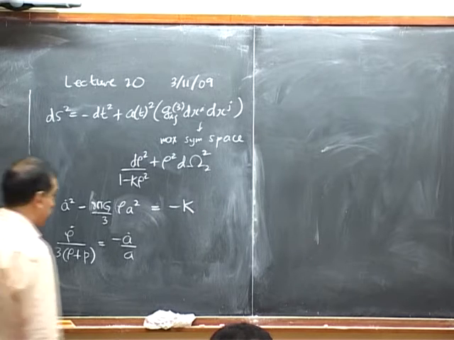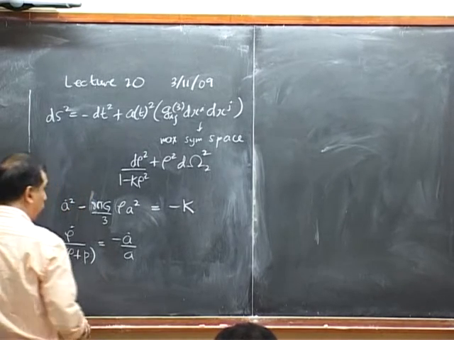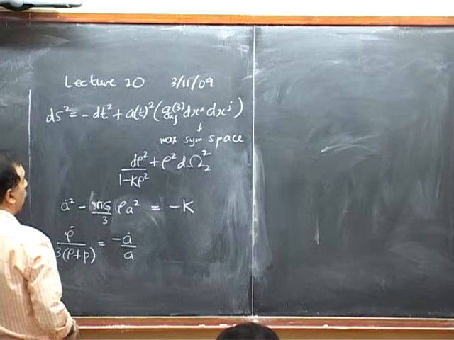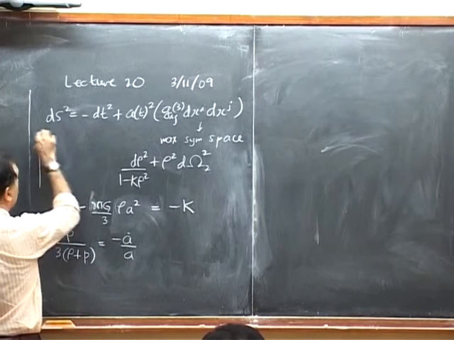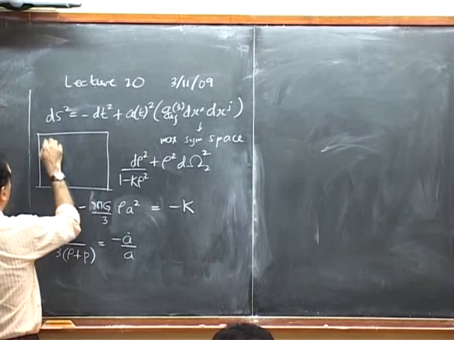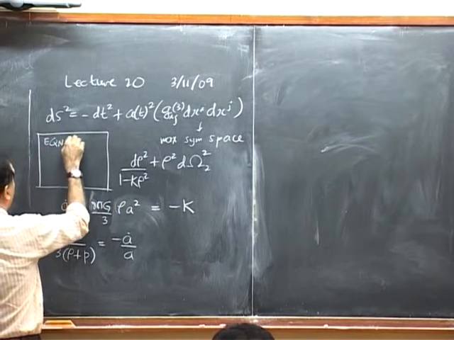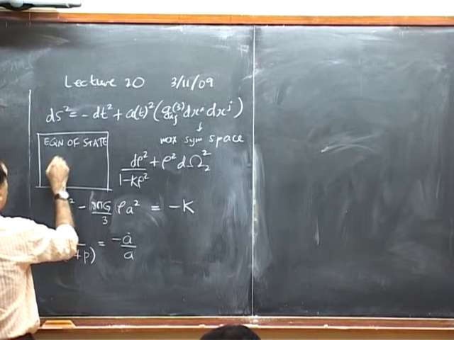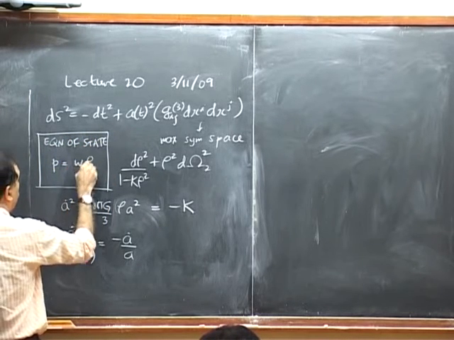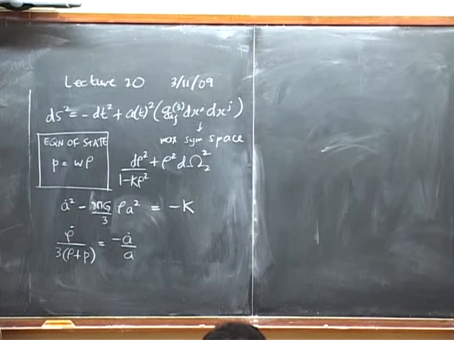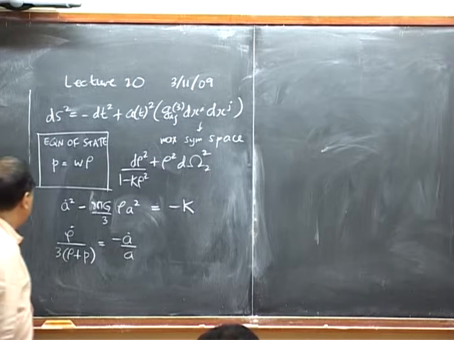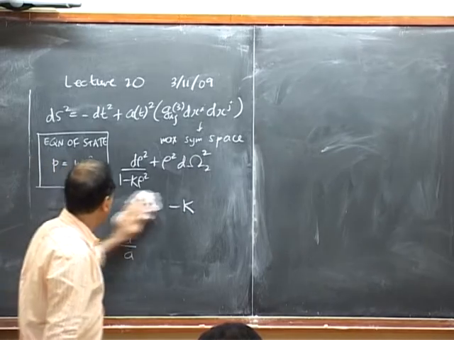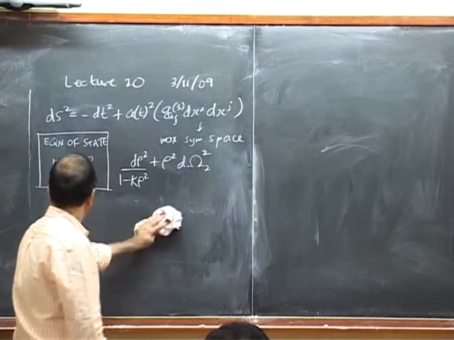Now there's one more input, which is the equation of state. I'll put it in a box here. It determines the pressure in terms of the density: p equals w rho.